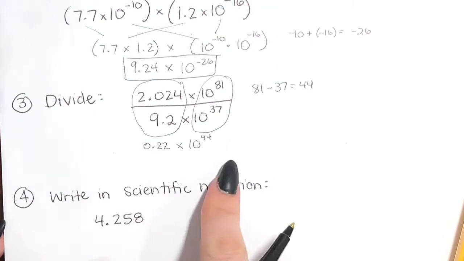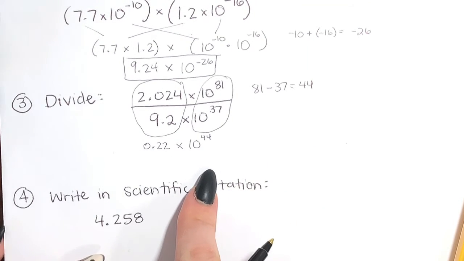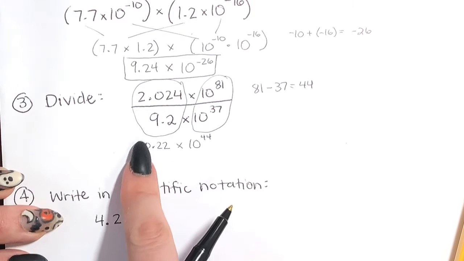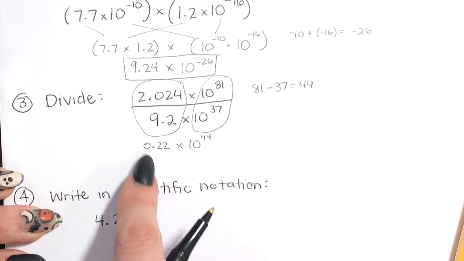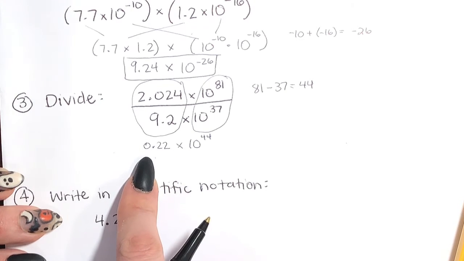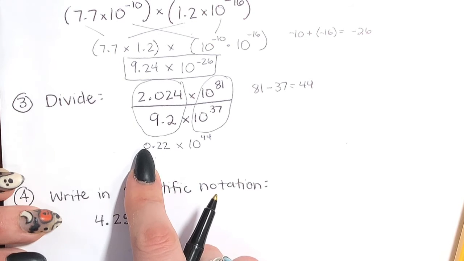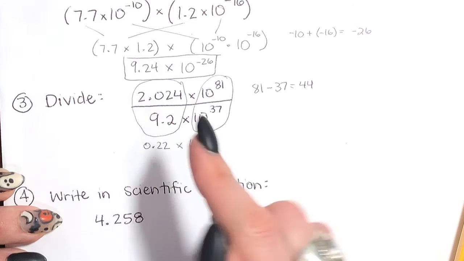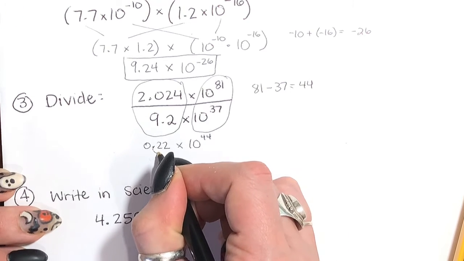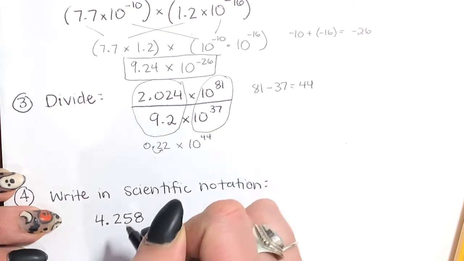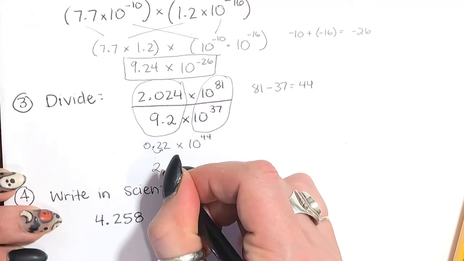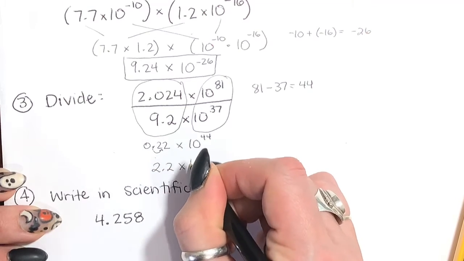But if I put this in as my answer, I'm going to get marked wrong, because this first number is not in the correct format. Remember how I told you at the very beginning of the lesson, this number has to be between 1 and 9. The 0 is too small. So we need to adjust our decimal by moving it back so that I get 2.2 times 10.